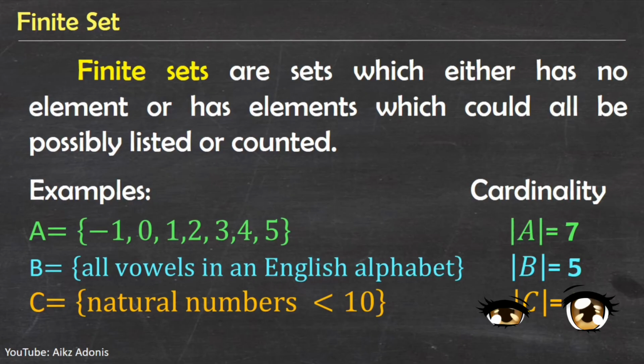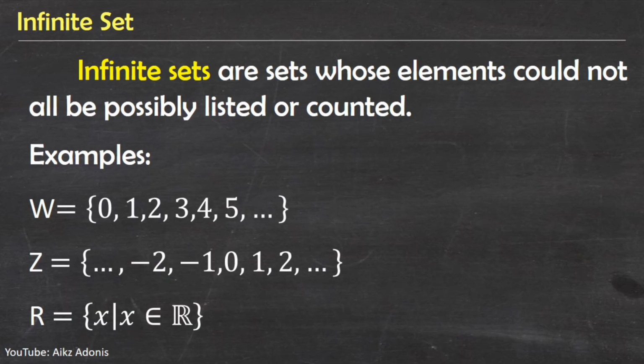Very good. The cardinality of set C is 9 because the elements are 1, 2, 3, 4, 5, 6, 7, 8, and 9 only. And take note that 10 is not included because it is the set of all natural numbers less than 10.